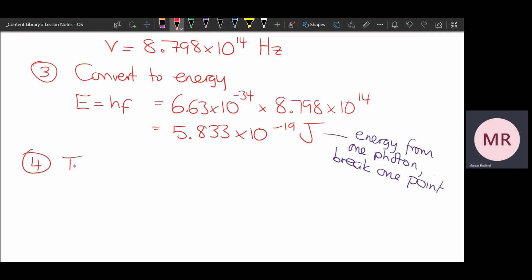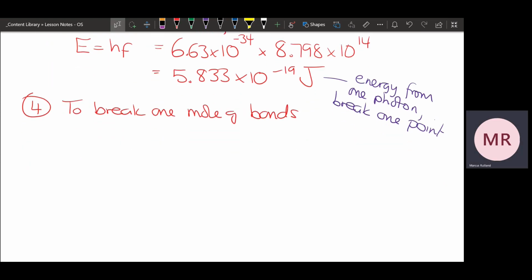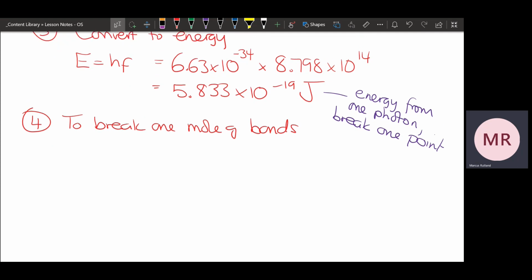So to break 1 mole of bonds, we would have 1 mole worth of photons hitting the bond in order to break them. So we're going to scale up.